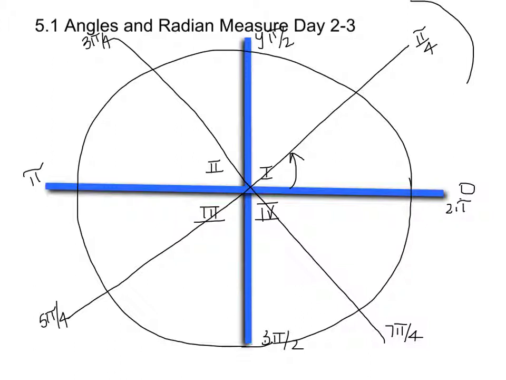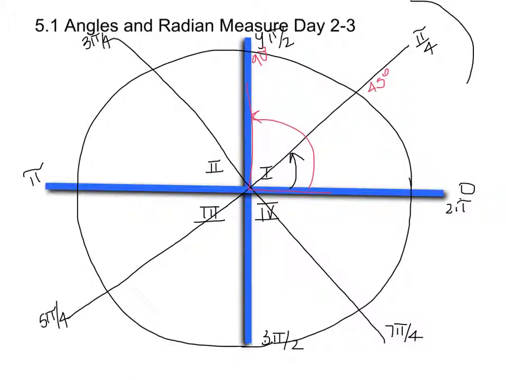Now, if we wanted to do these in degrees, since we were doing eighths, 1/8 of 360 is 45 degrees. So this is 45 degrees, 90. That means from here to here.